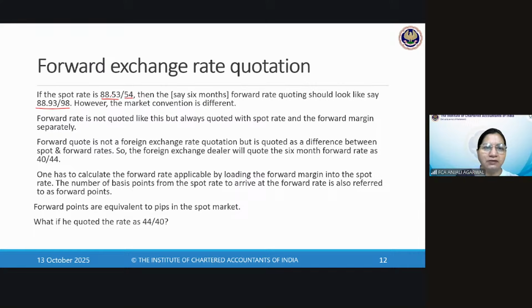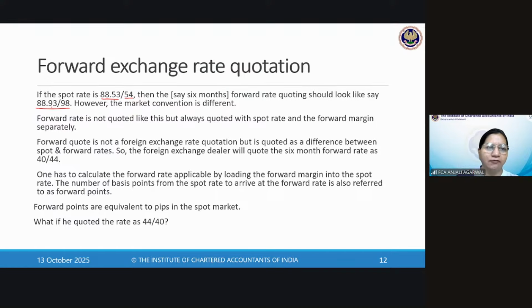And the ask rate has increased from 88.54 to 88.98. It is 44 basis points, right? So this is the forward rate. That means in the future, or in coming times, the dollar has become more expensive. But this is not how we write the market convention.